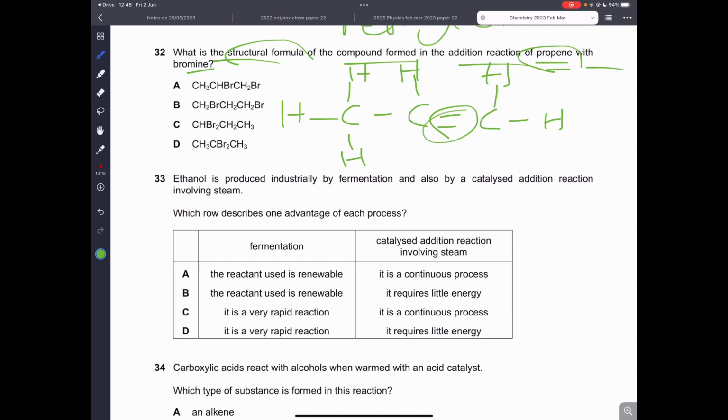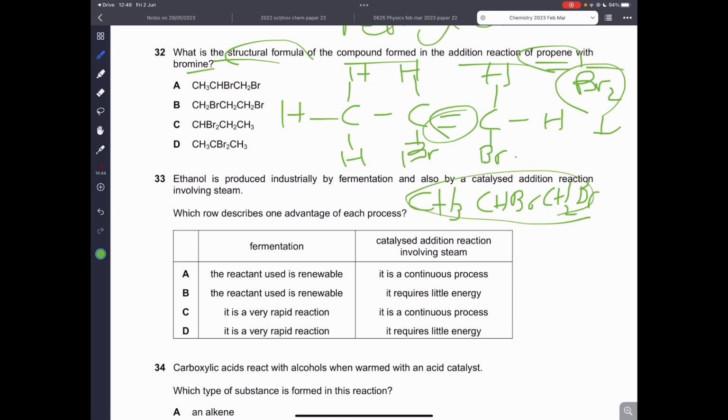This propene is going to react with bromine, and bromine, remember, is a diatomic molecule, and therefore it's going to attach across the double bond, and so we are going to have CH3, CHBr, CH2Br, and therefore E is the correct answer.